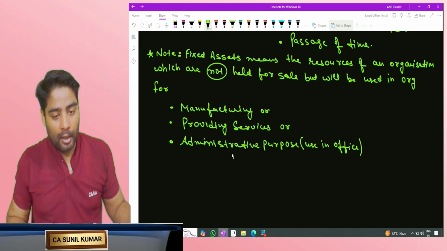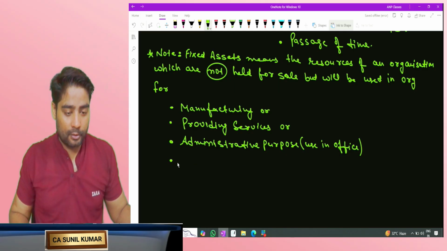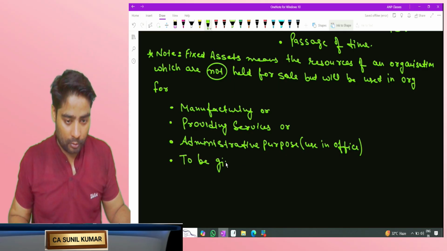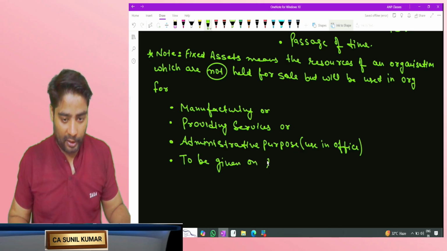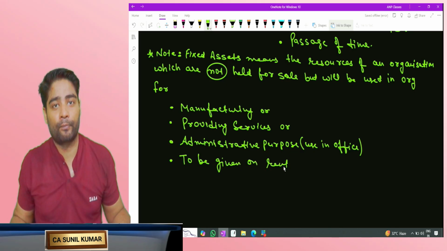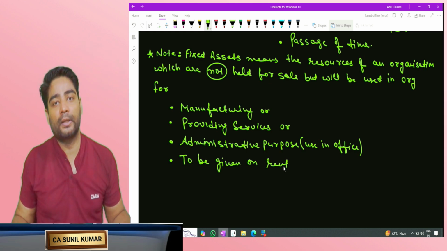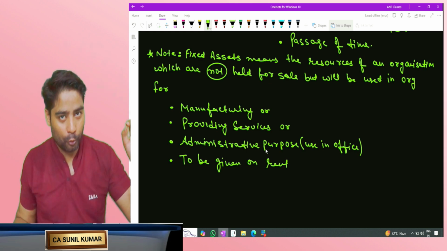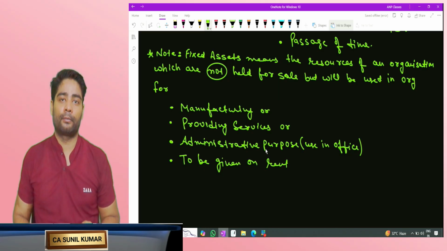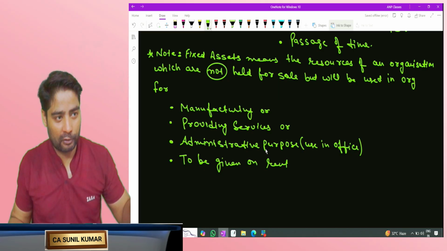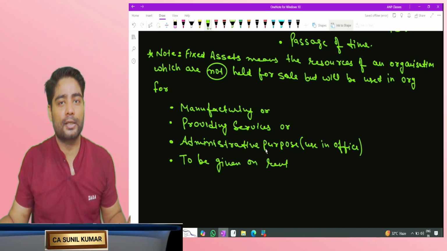Okay, and to be given on rent. Let's suppose I have purchased 10 cars to give to other people on rent. I tell them to give me 2000 rupees per day and use my car, and whatever fare you have taken, I am least concerned about that.